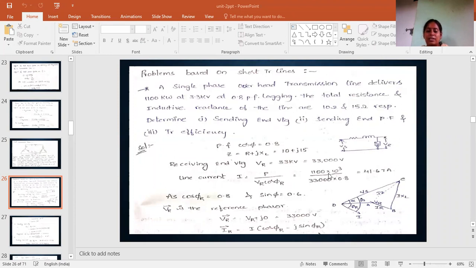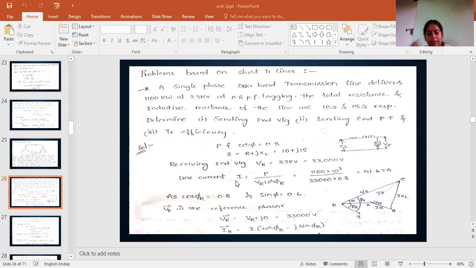So 1100 into 10 cube by VR, VR value is 33 kV, so 33 into 10 cube into cos phi R 0.8. Okay, and multiplying and dividing, we can get the value 41.67 amps. This is the current value.